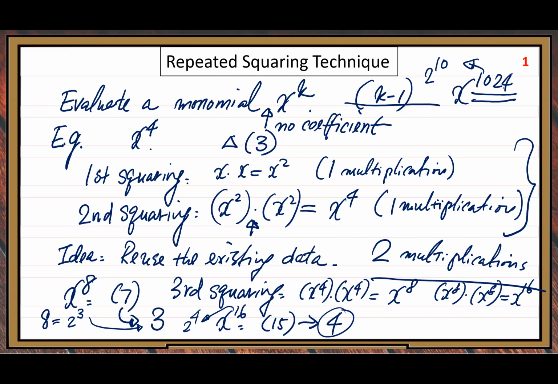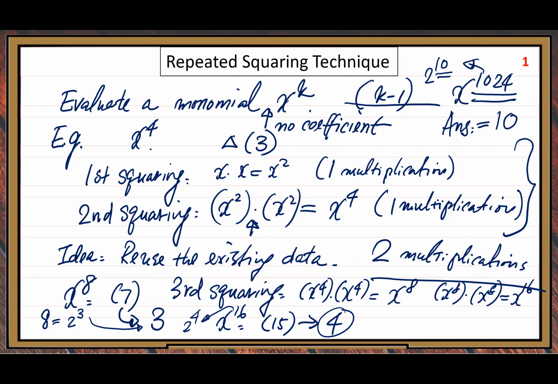How about this? 1024 corresponds to 2 to the 10th. What is the answer? If we use repeated squaring, how many multiplications do you need to find this monomial value? Is it 10? Yeah, 2 to the 10th.